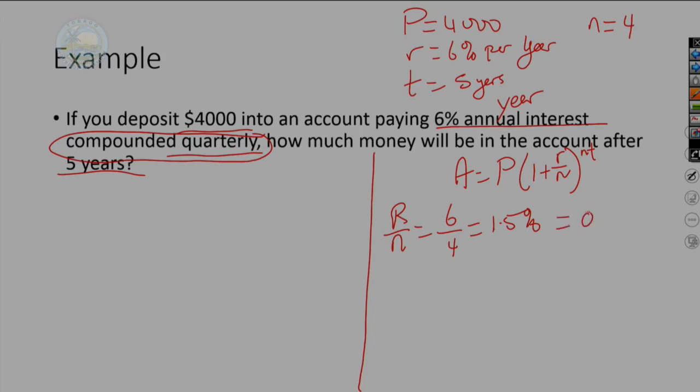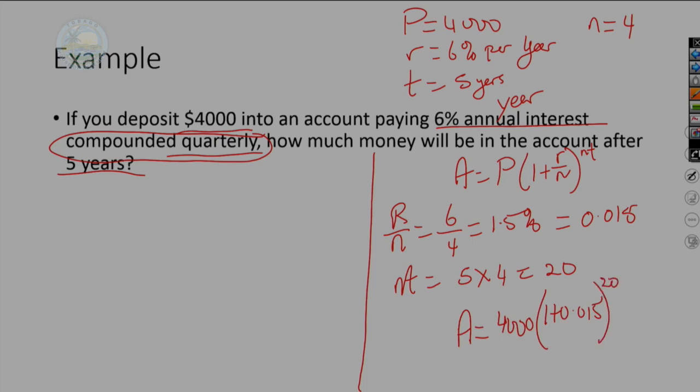We want it as a decimal. So we divide it by 100 and we get 0.015. nt, that would be 5 by 4, which is 20. So now let's go. A is equal to 4,000(1 + 0.015)^20.